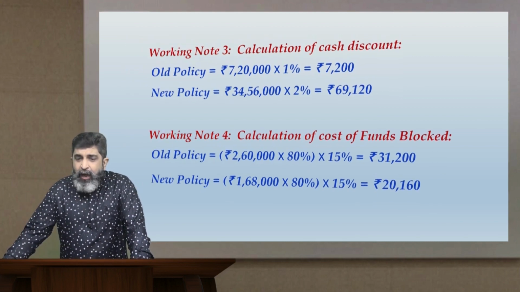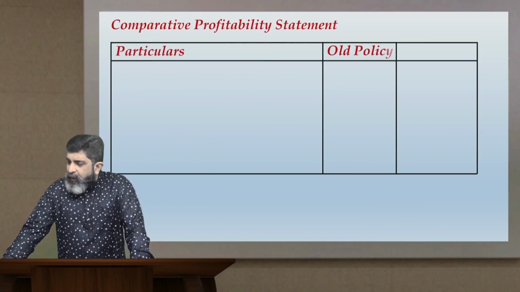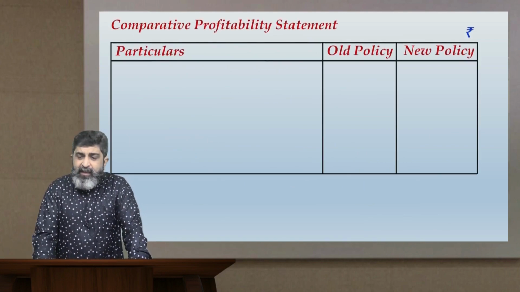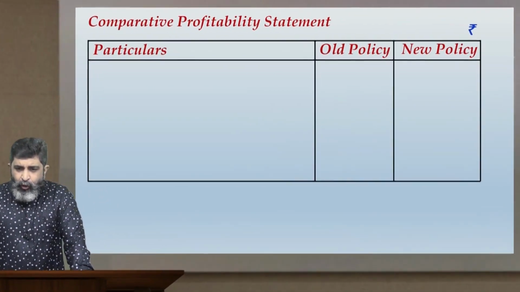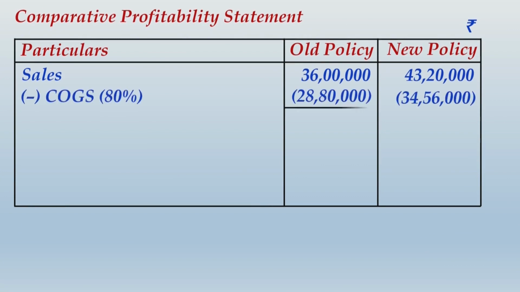Let us see how to go ahead and make the comparative profitability statement. This comparative profitability statement will be again presented in two columns with old policy and new policy. And you begin with sales. Thereafter you subtract the cost of goods sold, and what you get is gross profit margin.